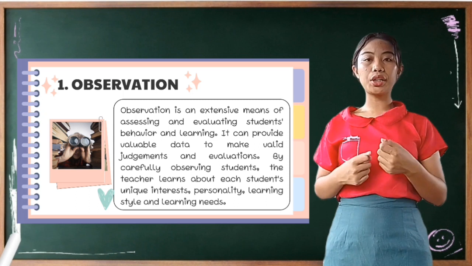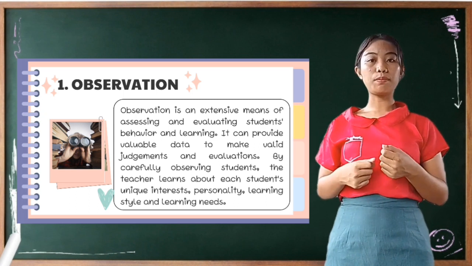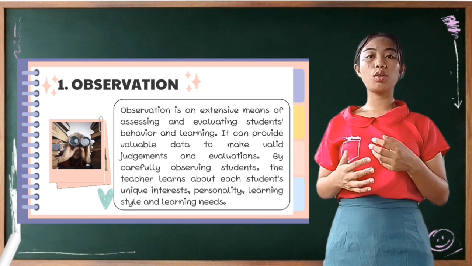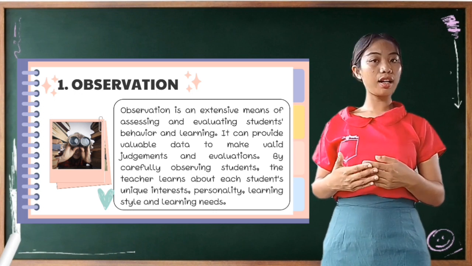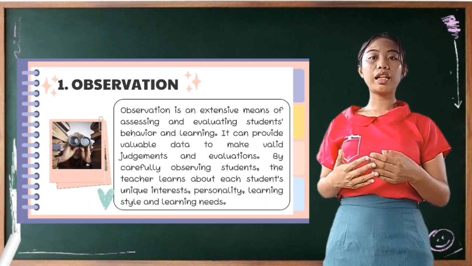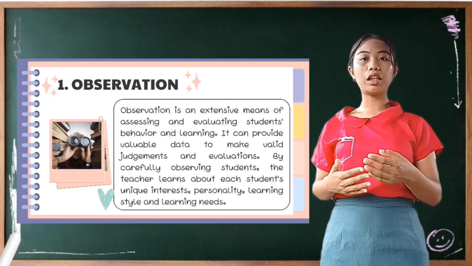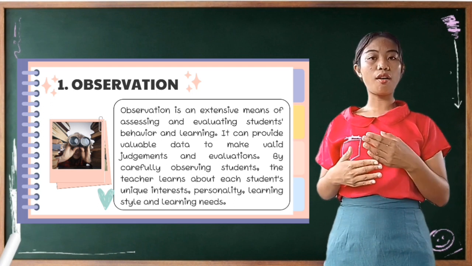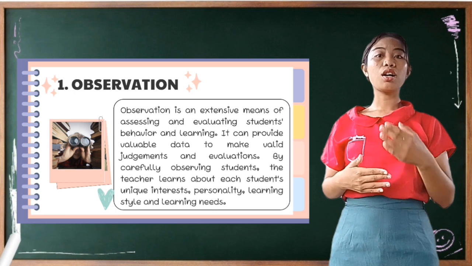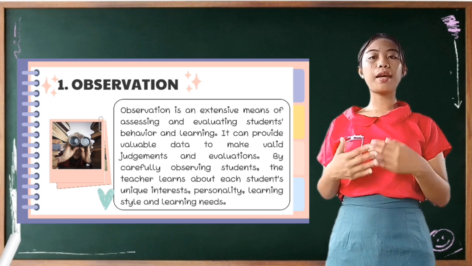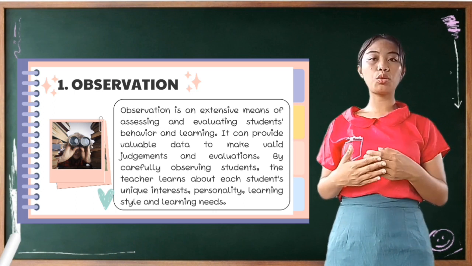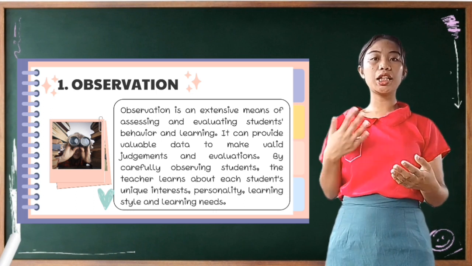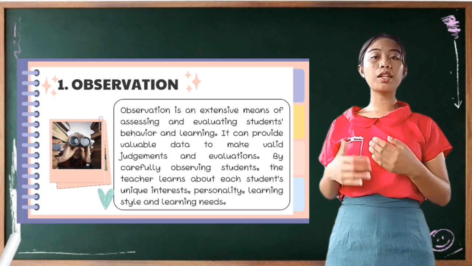In simple words, observation means that the teacher can watch students closely to see how they act and do in a certain activity or in a class. So it's like taking notes on what they are doing. In this way, it allows teachers to know individual interests, personalities, learning styles, and needs of the learners.